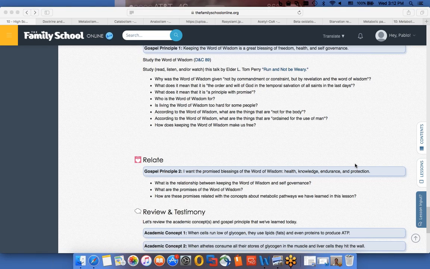So you don't want the baby to have any adverse reaction within the mother, and the baby needs plenty of glucose and oxygen in order to continue developing correctly.